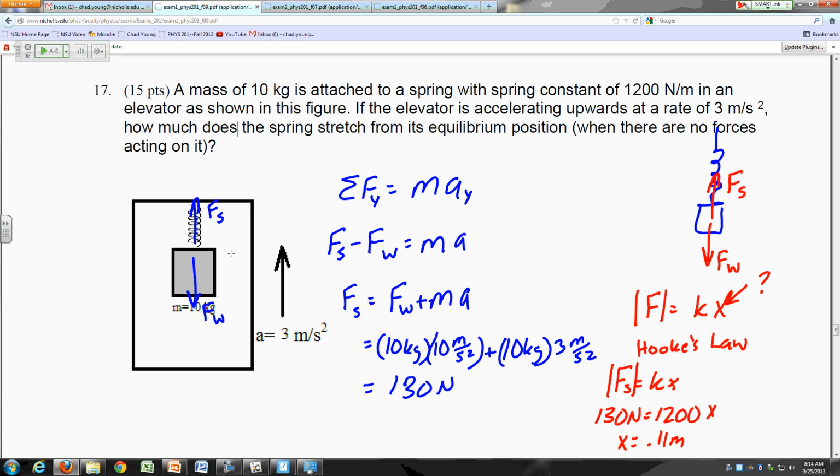All right, if you have to do a spring problem, I'll give you Hooke's law. Don't worry about trying to memorize it. In fact, there are really only three equations that you need to know: the two kinematics equations for projectile motion and F equals ma. So there's really not many equations to know. It's just really about how to use them.